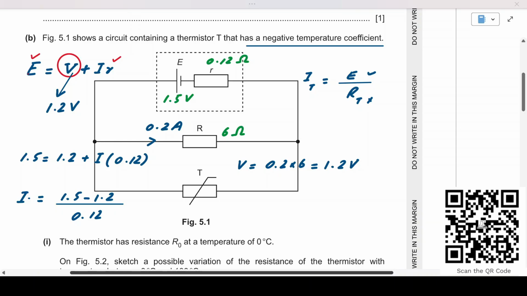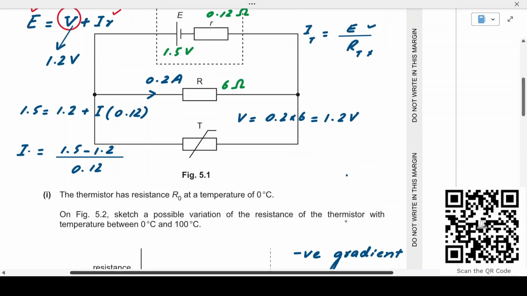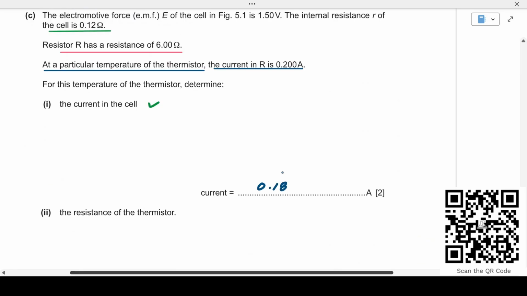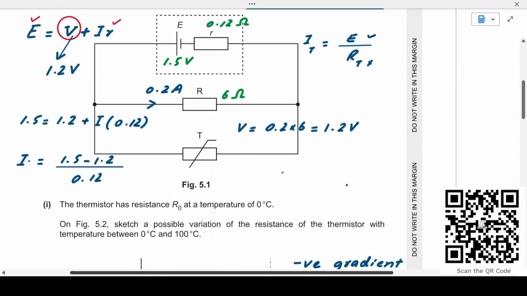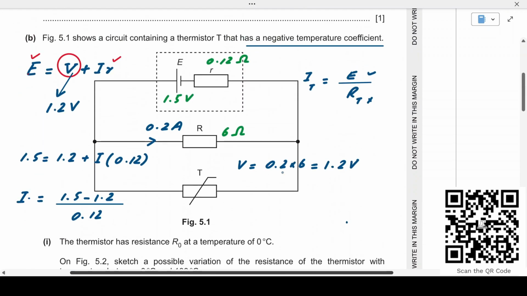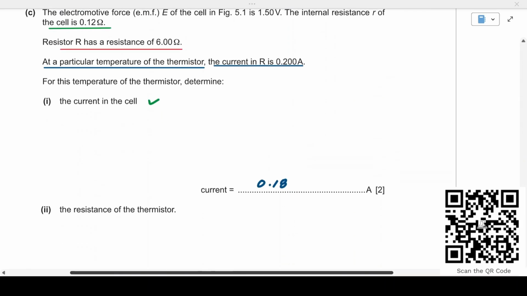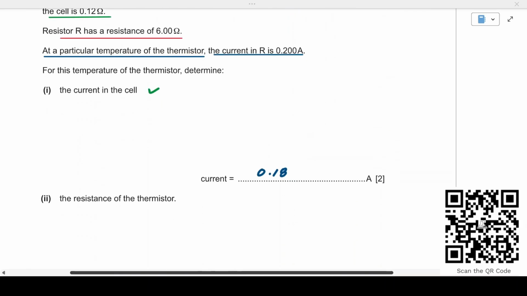0.3 divided by 0.12 is 0.18. 0.18 amperes. So the total current, wait a minute, 0.18 was it?